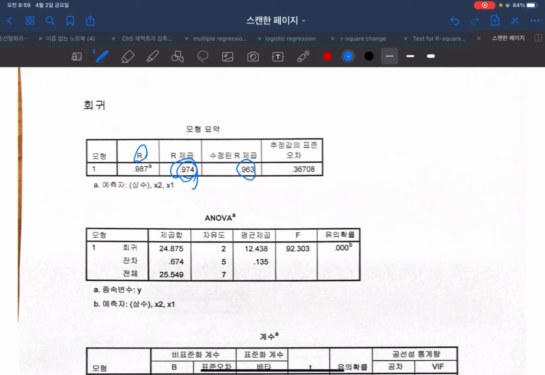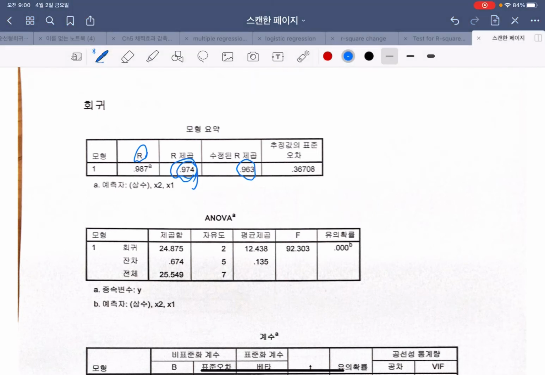So you have to reduce the effect of adding not meaningful independent variables, right? But think about our case. When you make a model, you want to put in the independent variables which are related to the dependent variable.